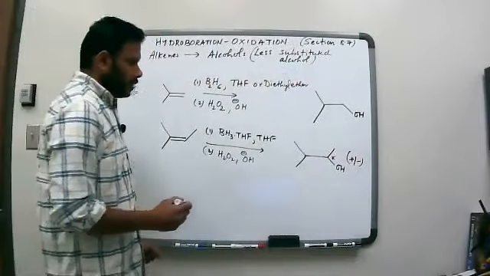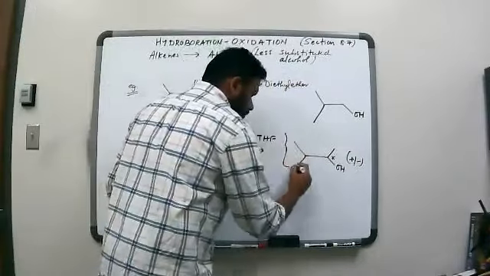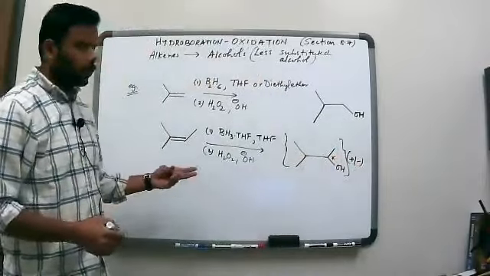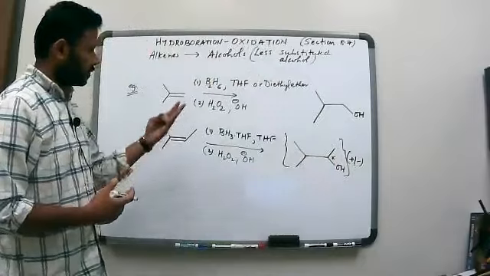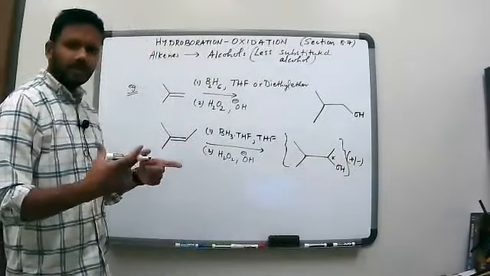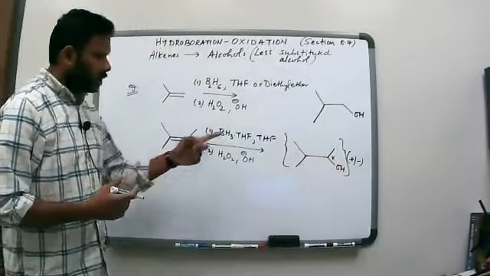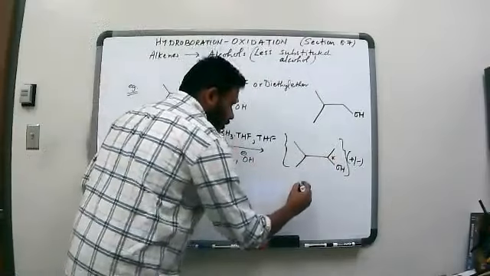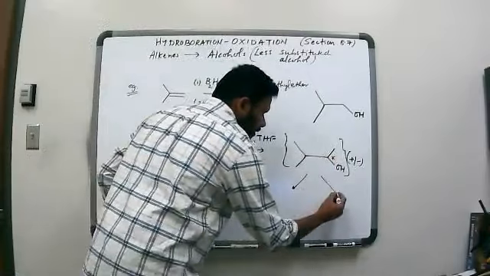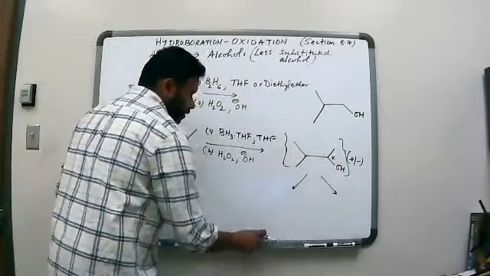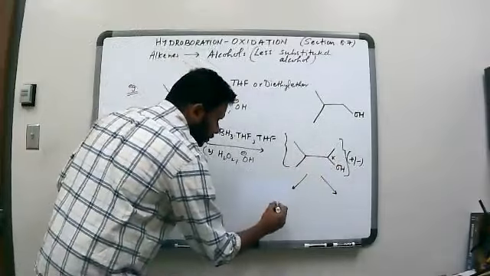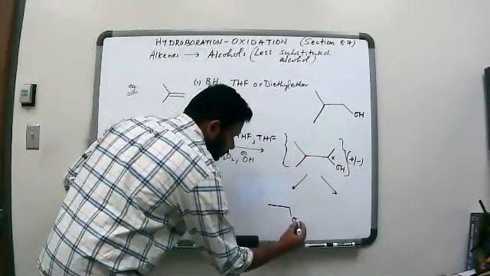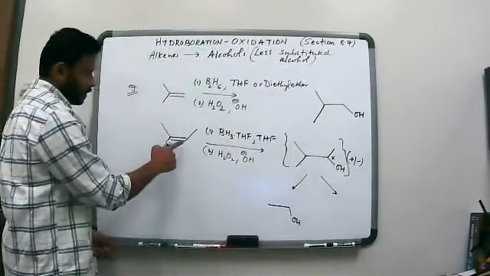Now, I'm going to use this product and redraw this to show you what the syn stereochemistry means. So it's a syn addition. That means the H and the OH add from the same side. So the two products that we're talking about are going to be drawn from the alkene.